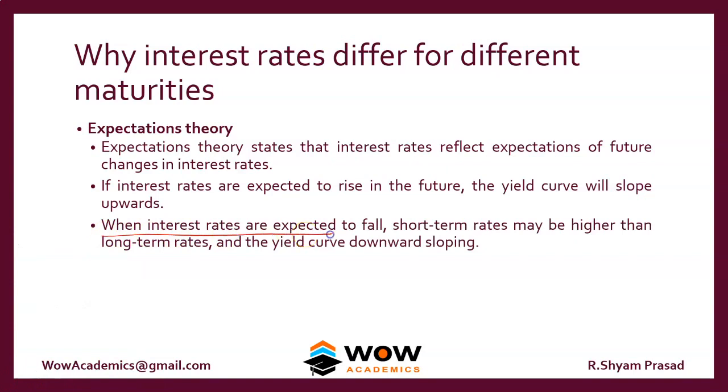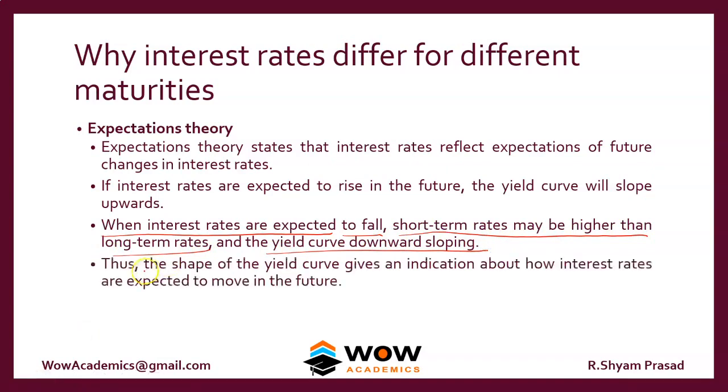When interest rates are expected to fall, short-term rates may be higher than long-term rates, and the yield curve can be downward sloping. Thus, the shape of the yield curve gives an indication about how interest rates are expected to move in the future. So, how the yield curve shapes out is what the market is expecting the interest rate to do.